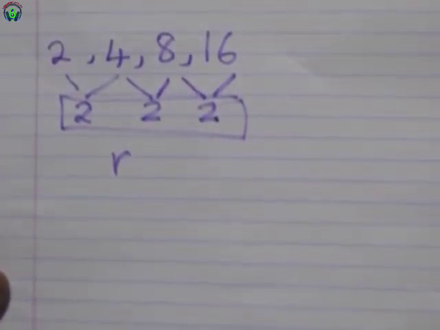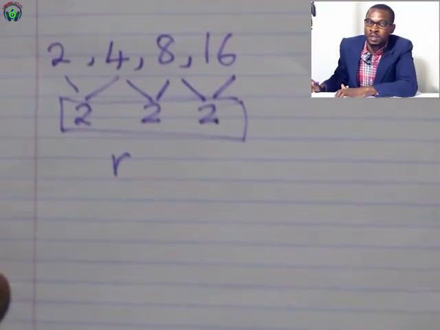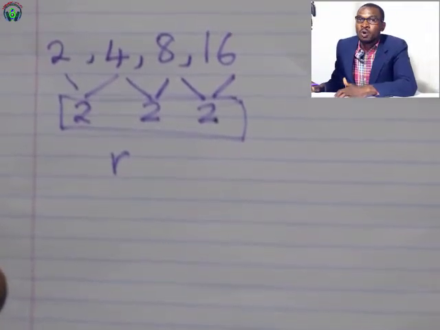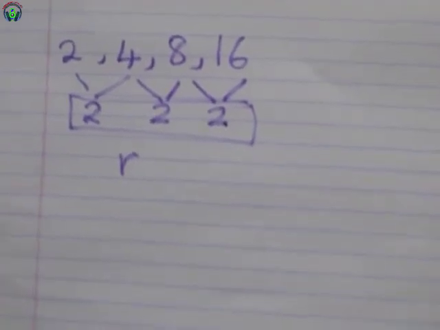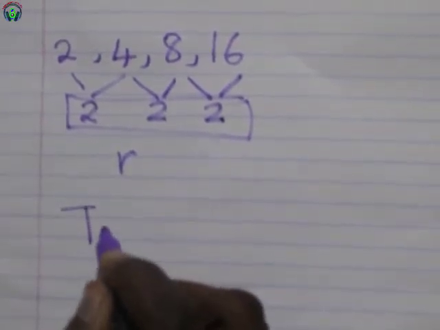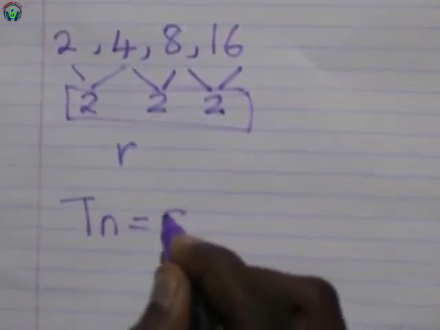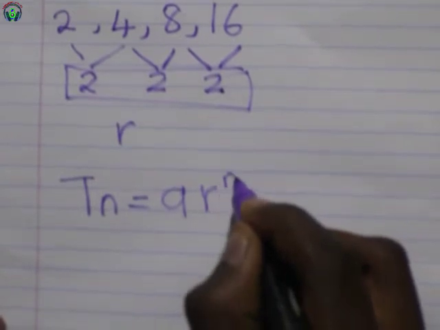Let's get to the formula of a geometric sequence. It's found on your formula sheet, which is given to you by every examiner during an exam. The formula is Tn equals Ar to the power n minus 1. This is the formula.